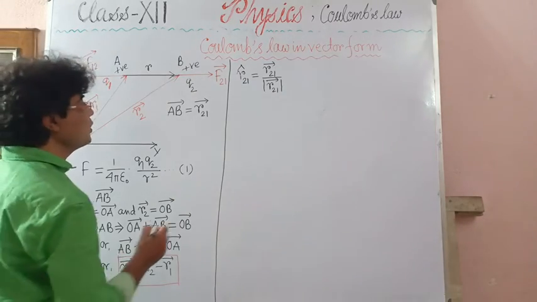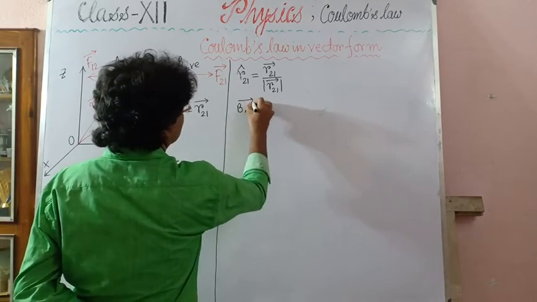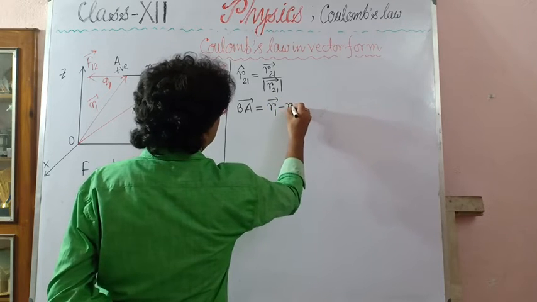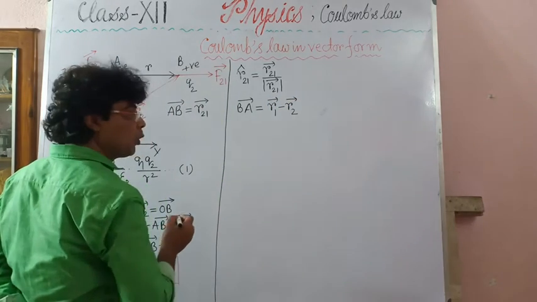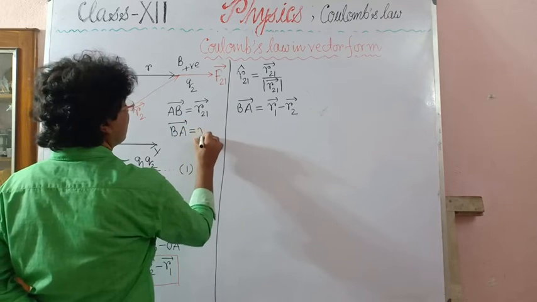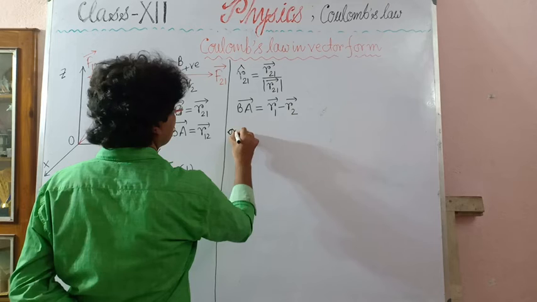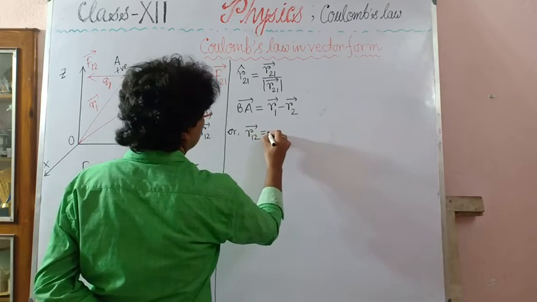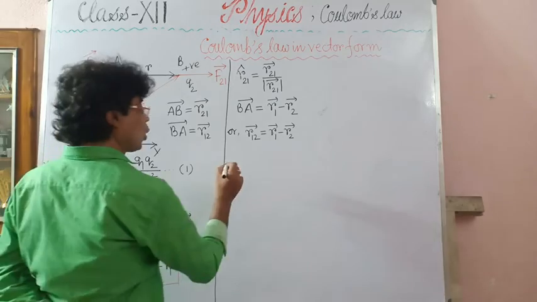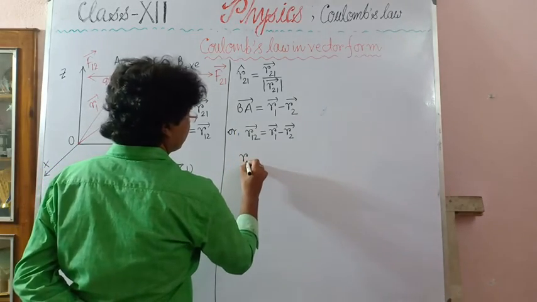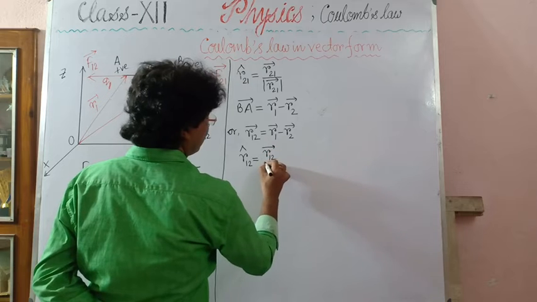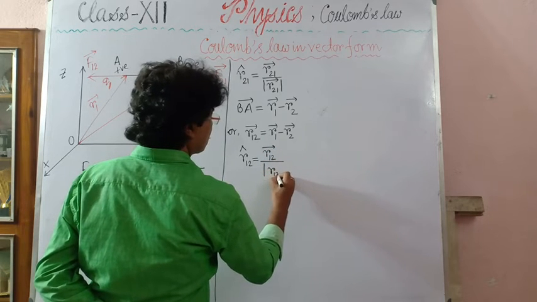Similarly, we can write BA vector as R1 vector minus R2 vector, and if we denote BA vector as R12 vector, then R12 vector equals R1 vector minus R2 vector, and unit vector along R12 vector is written as R12 cap equals R12 vector by mod of R12 vector.